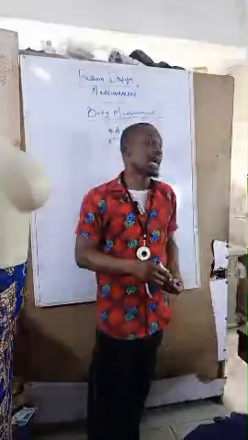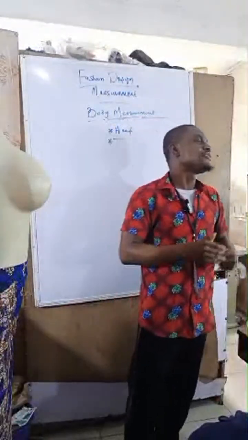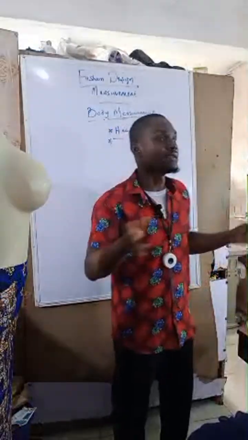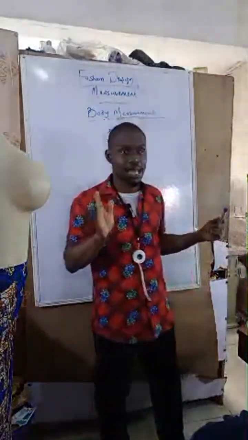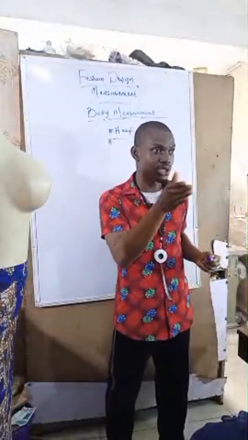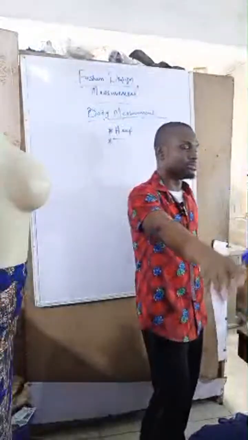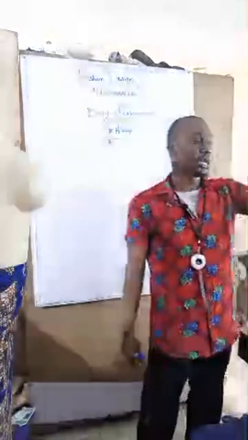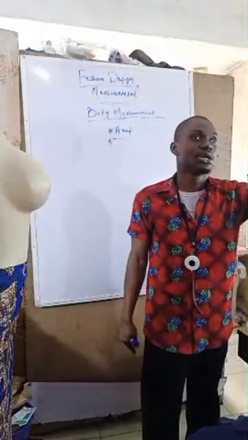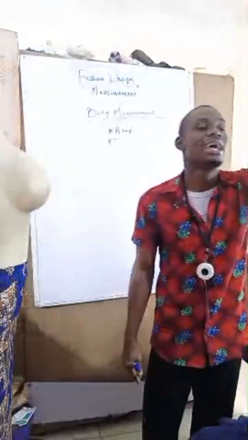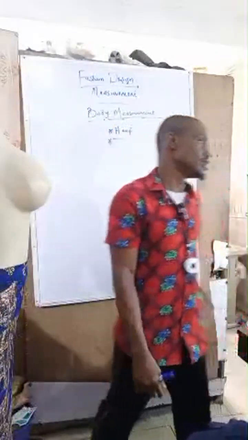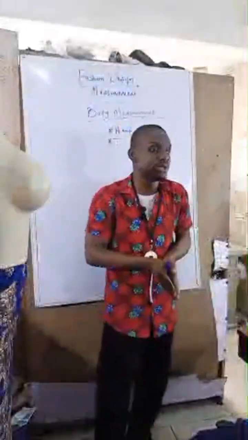Excuse me, I forgot to say something. Please look at my eyes very well. You notice that my eye is not straight. When I'm looking at one person, it seems as if I'm looking at another. Then when I'm looking at Folake, I don't know whether Folake thought I was looking at the sewing machine. Please, people should forgive me.